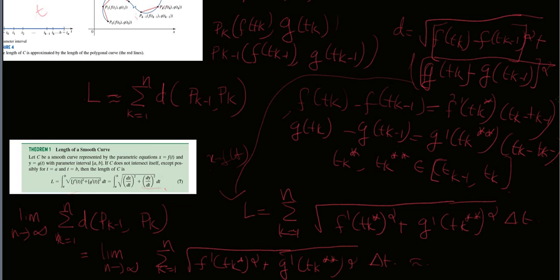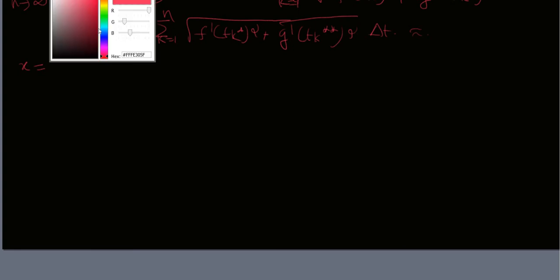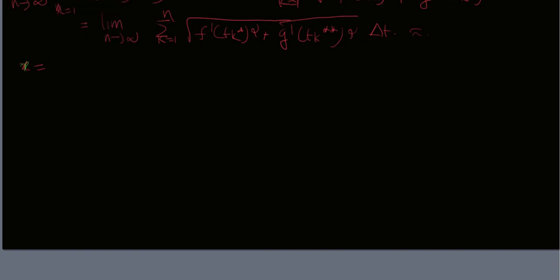In order to find the length of a curve, suppose that x is equal to a into theta minus sine theta, y equal to a into 1 minus cos theta.